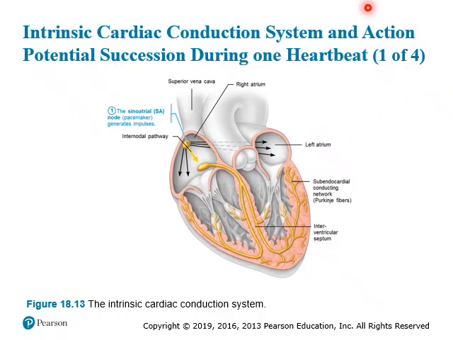It usually generates an impulse about 75 times per minute, which is what you call the sinus rhythm, at an inherent rate of about 100 times per minute. It is tempered by extrinsic factors, and the impulse spreads across the atria and into the AV node, so the AV node is receiving it.